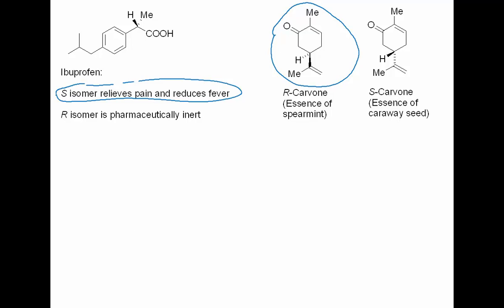There is an enzyme that causes the R and S interconversion, but it was thought for many years that if you can perfect a cheap synthesis of the purely S ibuprofen, you can cut the dosage down by 50%, and that would decrease some of the side effects like stomach bleeding and other things associated with excessive use of ibuprofen.